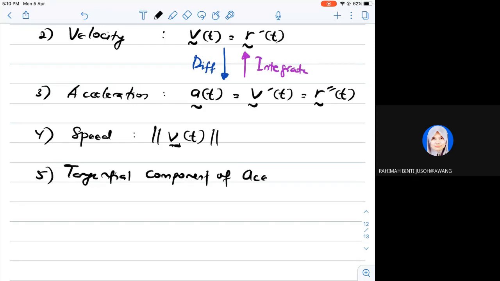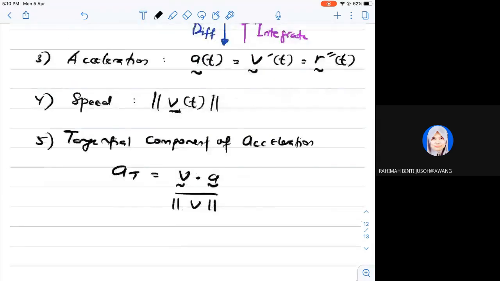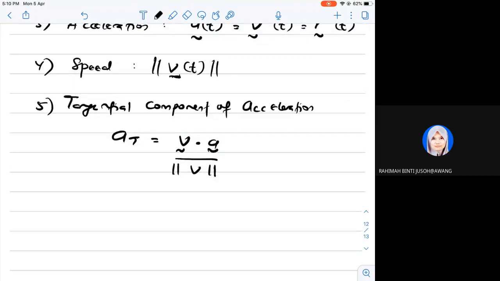Ini topik 2.4 juga. Formula dia adalah V dot A divides by magnitude of V. Macam tu. Okay. So speed lah ni. And then number 6, you need also know about normal component of acceleration.